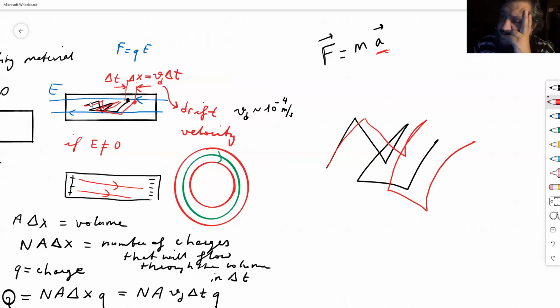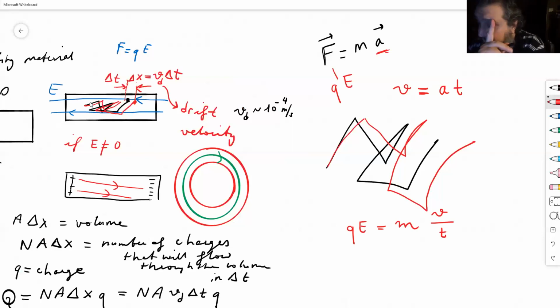Now this V is equal to A times T, from kinematics. Now let's use this idea here, F equals ma. So F is Q times electric field. So we have Q times electric field equal to mass times A, which is V over T.